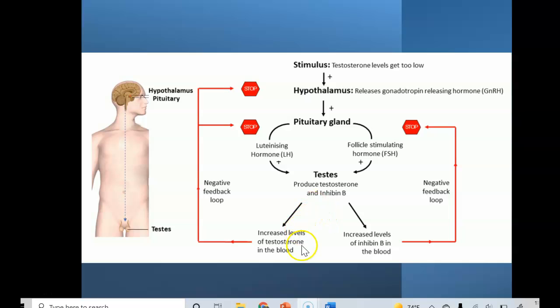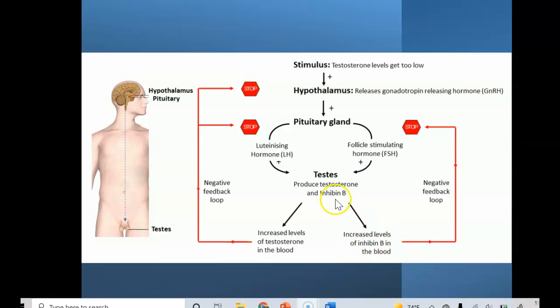So these two hormones are going to stimulate the production of testosterone and inhibin B. That is going to cause an increased level of testosterone in the blood, right? Because we've increased the amount of testosterone production that's occurring. So as that blood then travels back up to the brain, it will hit the hypothalamus and it will recognize that the levels have gone up, and it will stop the release of GnRH in order to keep the levels of testosterone in the blood where we want them.